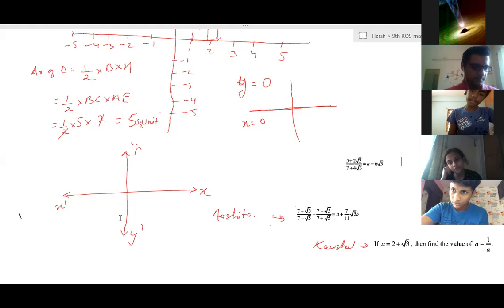Ashita, good. That's the correct solution. Again, I'm very happy with your test marks, and that also for the very first time. How much have you scored in your retest? Any idea? After taking the exam, at least you'll get some idea.